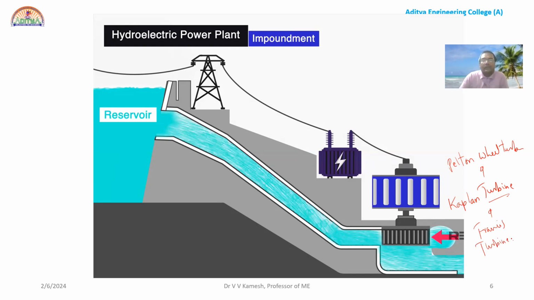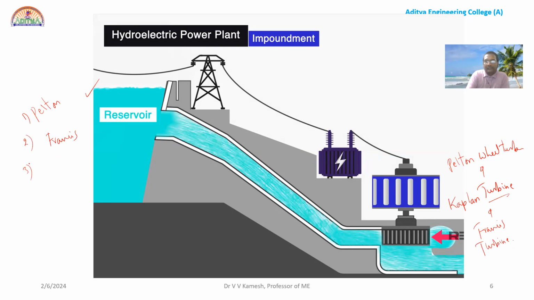So it depends on how much water we have in the reservoir, right? Suppose you have a very great height, right? So water is full. Then the first option is the Pelton turbine. Suppose at a medium level, okay, you go for the Francis turbine.